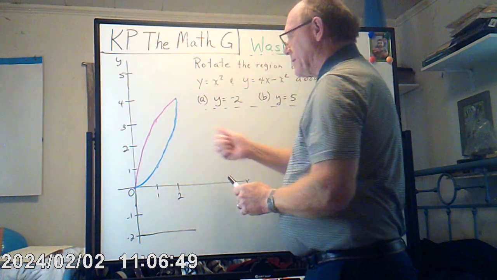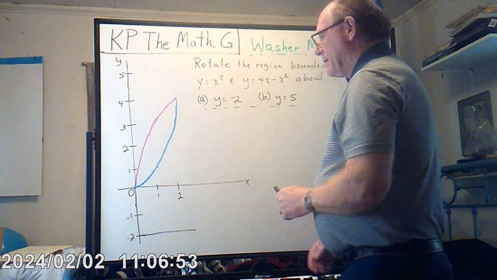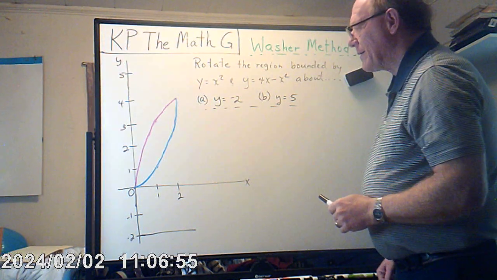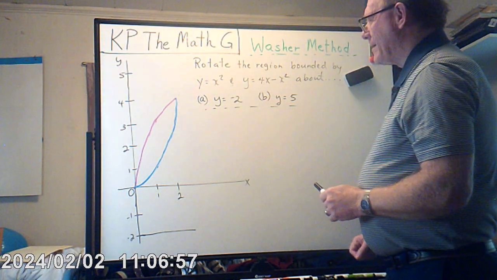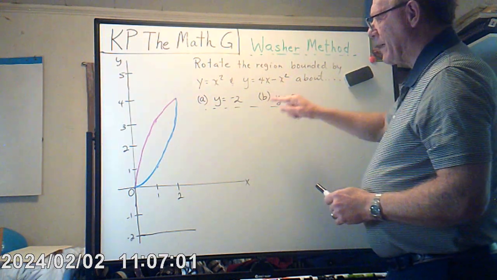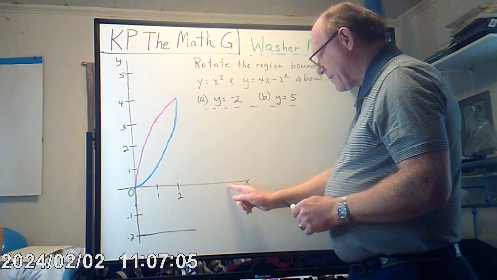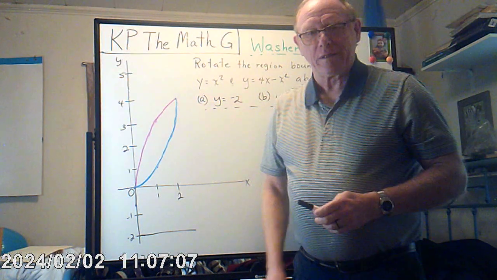It just goes on out like this. It does not curve back in. And the other, y equals 4x minus x squared, comes down and crosses at 4.